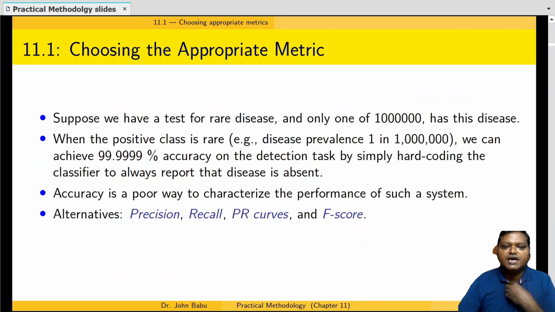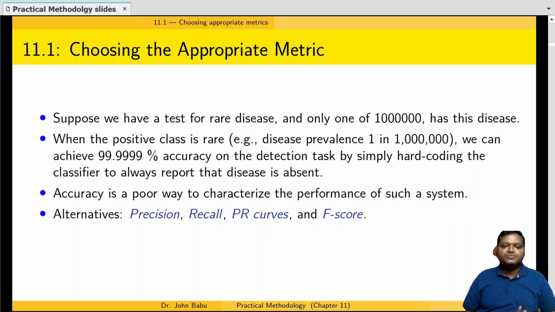And in another case, suppose we have a very, very rare disease, which occurs only in 10 lakhs. If only one person is affected in 10 lakhs, and when you collect your data, you may collect 1 lakh samples, and in 1 lakh samples there is no one having that disease. So obviously what you will get?